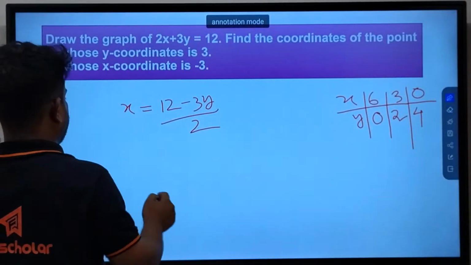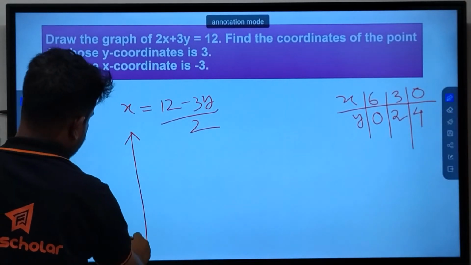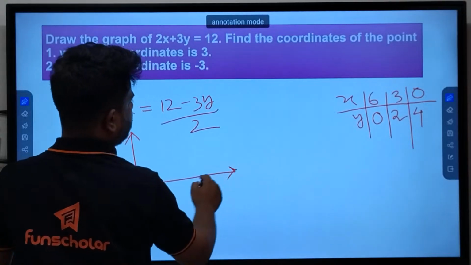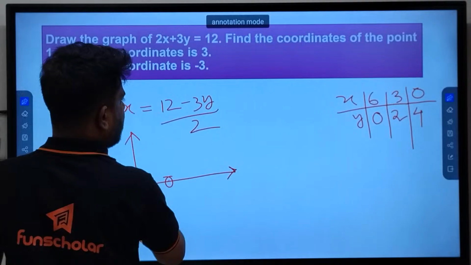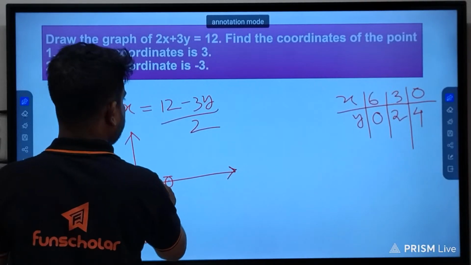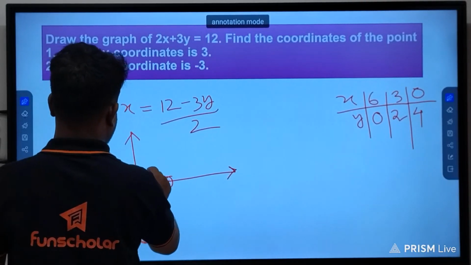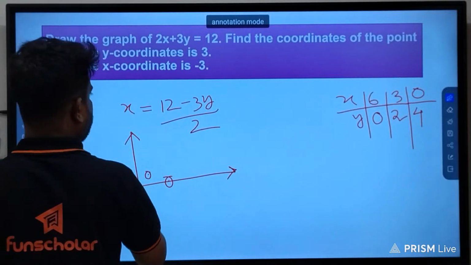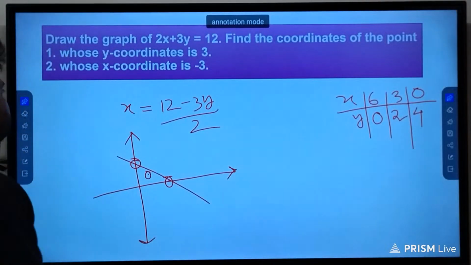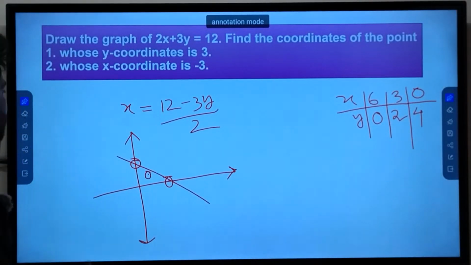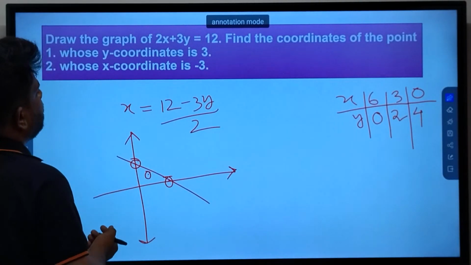You just need to plot x and y here, which we have got: 6, 0 is maybe here, and 3, 2 will be like here, and 0, 4 will be like here, and add this, and y's coordinate is 3.